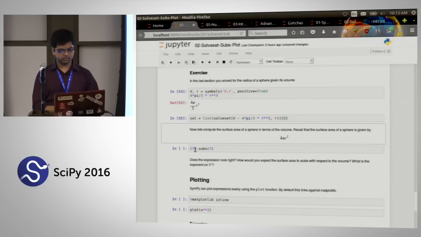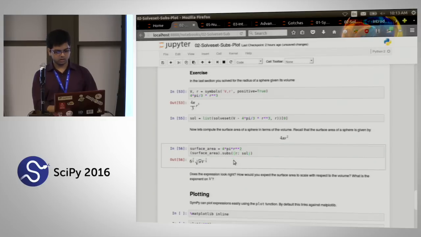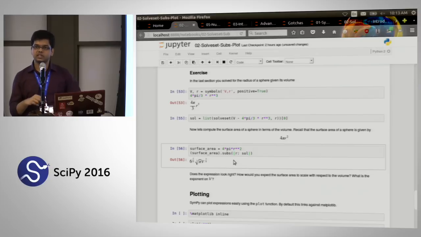So yeah, you define the expression for surface area, which is 4 into pi into r square, and then substitute r with the solution you got. So here is the surface area in terms of volume.